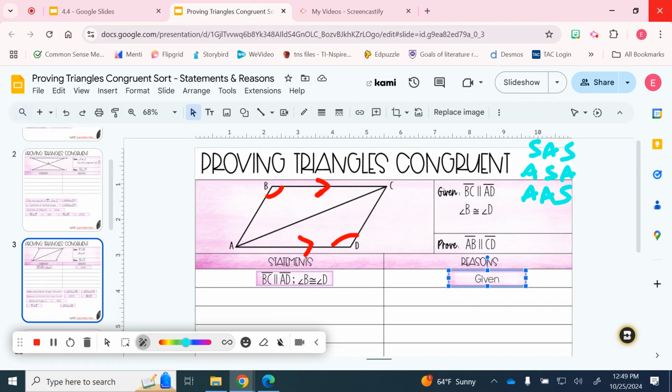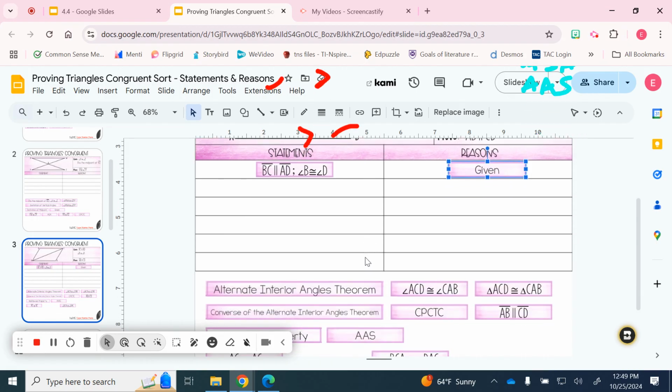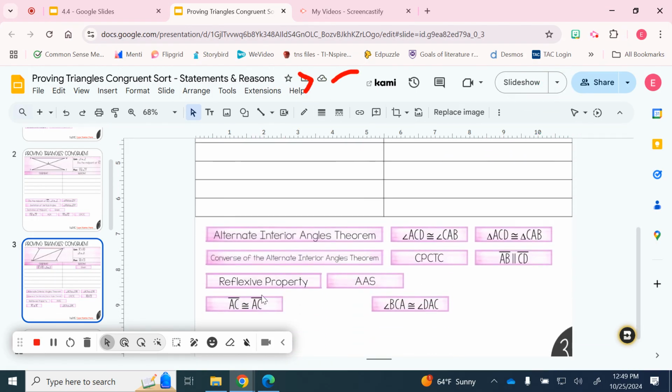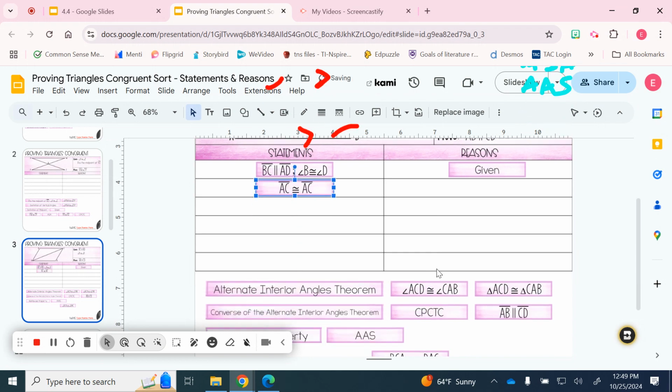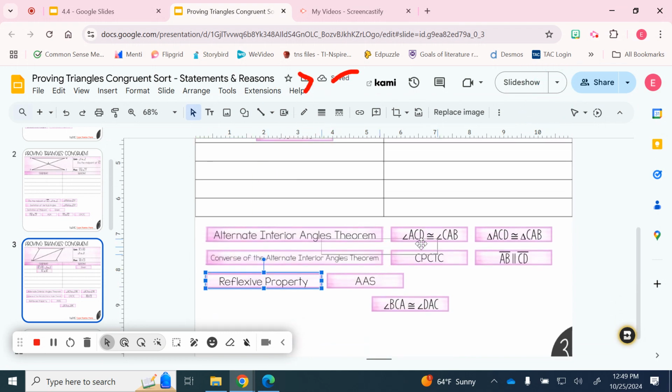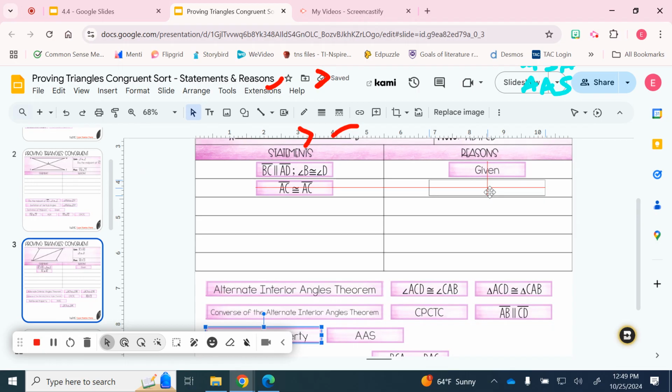Now looking at this, I see here that there's only one side I can really prove of these triangles, and that's AC is going to be congruent to AC by the reflexive property. All right, so I'm going to grab this. Here's AC. And there's my reflexive property.